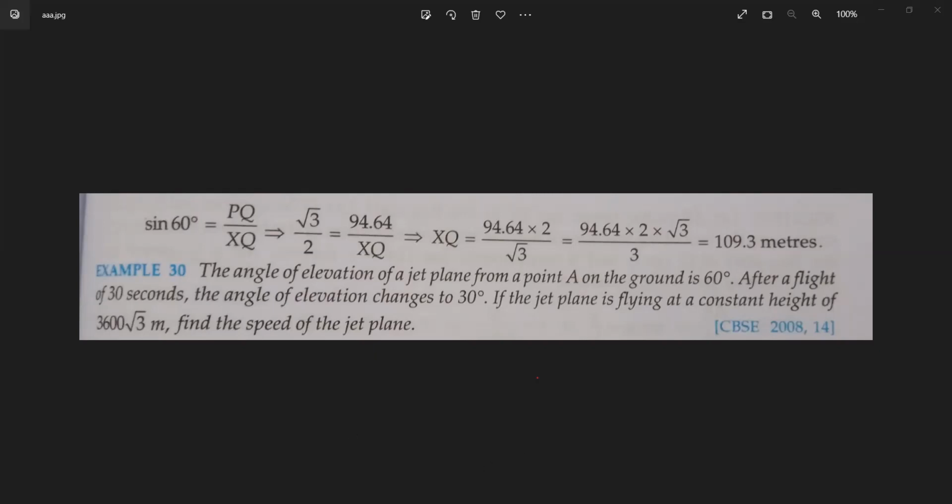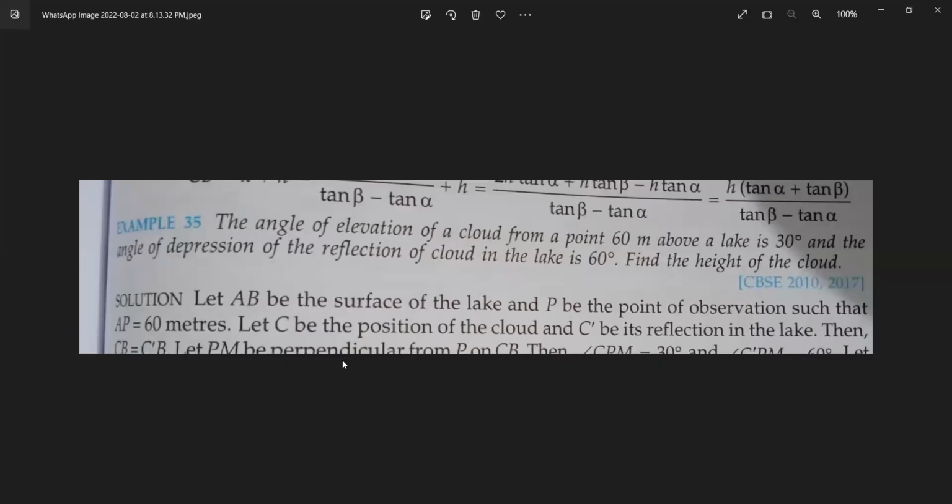Right, I'm going to share another question now. Yes, this one.